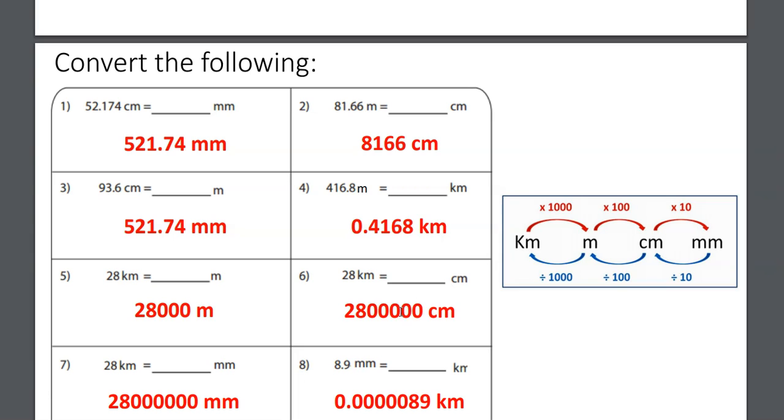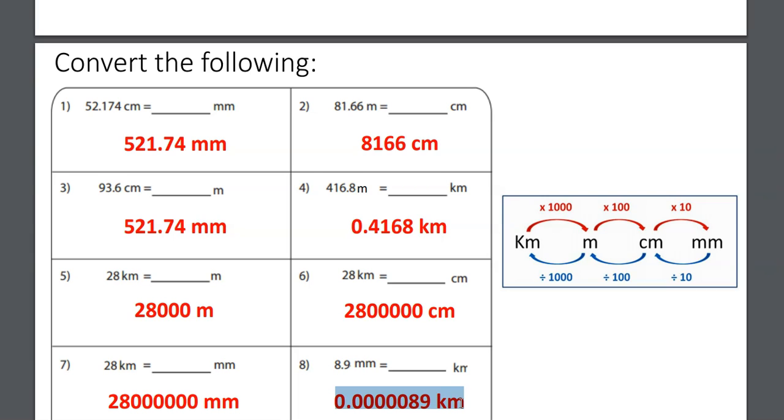And I really think if I go through any more of these examples, I might just be wasting your time. Perhaps just one more down the bottom here. 8.9 millimeters into kilometers. Another calculation you'd probably never want to do. So, millimeters to kilometers. 8.9 divided by 10, divided by 100, divided by 1,000 equals this awful number here.